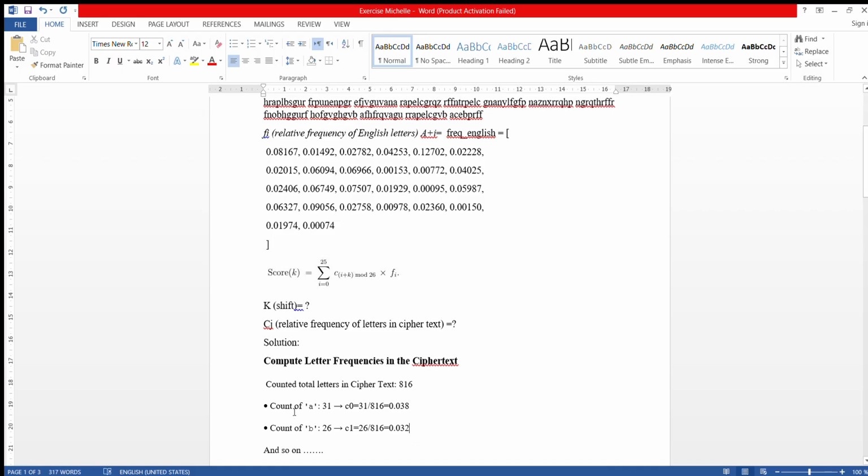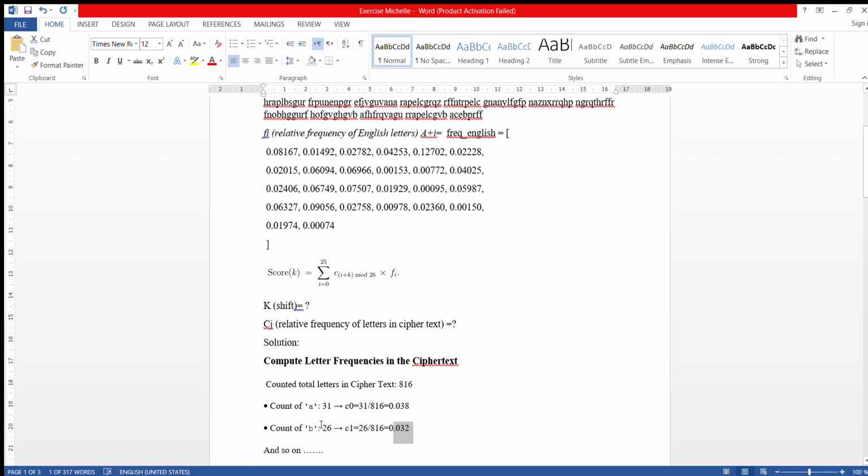In this way, you will calculate all the letters that you can see in the ciphertext one by one, and you will get the relative frequency of the ciphertext, because we need it here. We need here c_(i+k mod 26), the product of f_i and c_j actually.